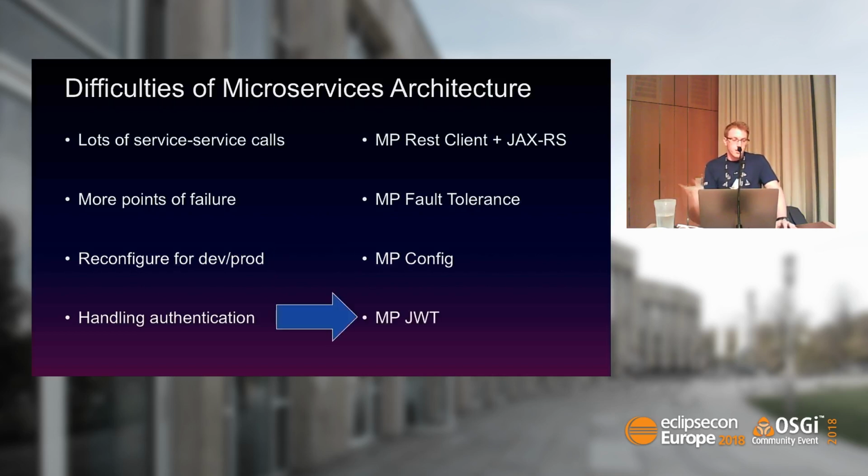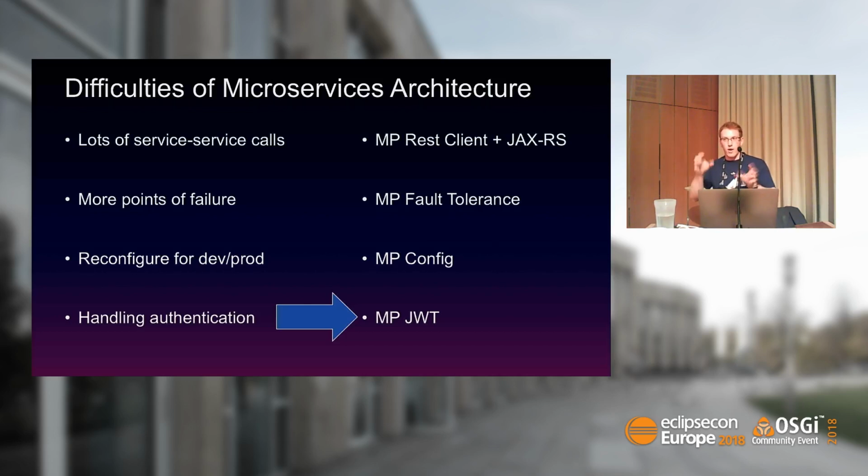And lastly, handling authentication is another big one. I just got out of a really good talk downstairs that was deep diving on this topic. But MicroProfile JWT helps to address the fact that since there are all these new pieces in a microservice application, they all need to be able to trust and authenticate the operations going through the system.